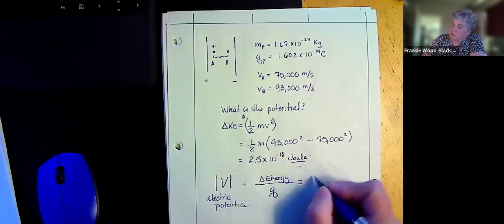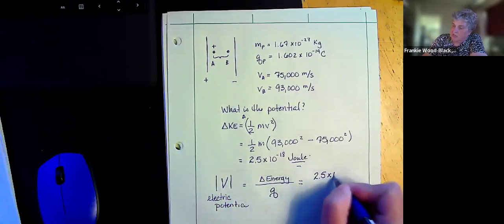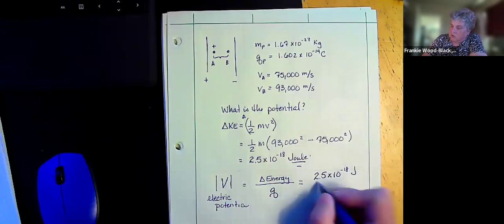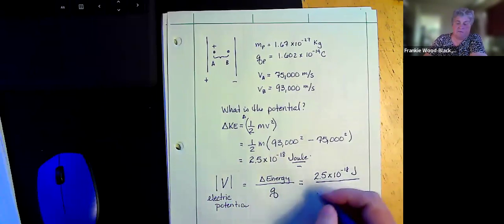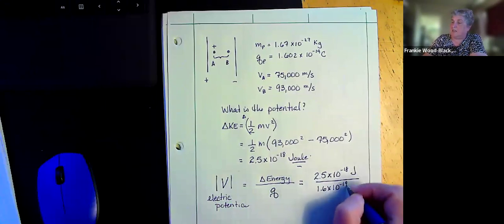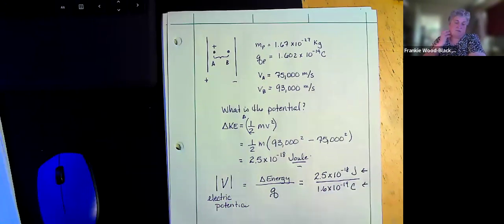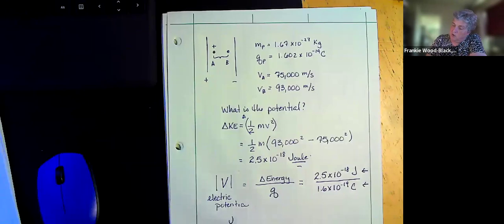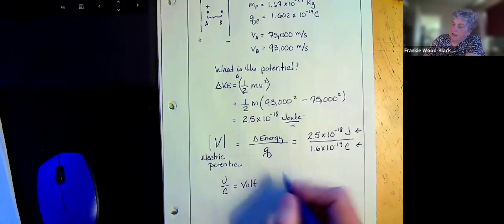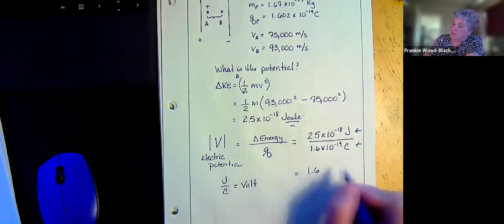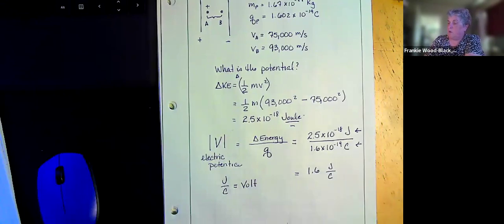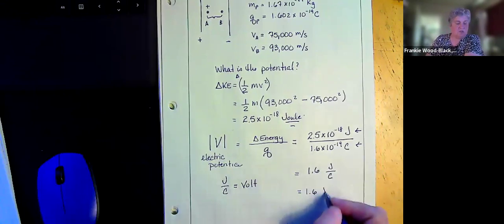So I get 2.5 times 10 to the minus 18 joules divided by the charge on my proton, 1.6 times 10 to the minus 19 coulombs. And look at this, I got joules per coulomb, and a joule per coulomb is equal to a volt, just so you know. This gives me 1.6 joules per coulomb, or 1.6 volts.